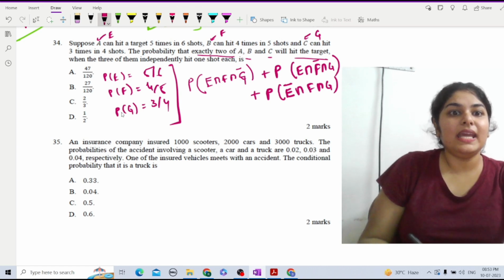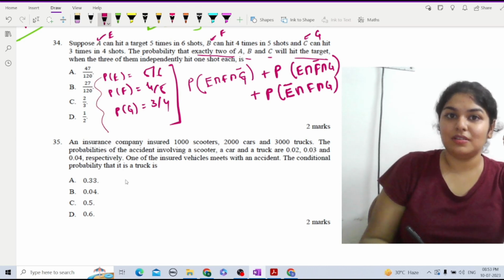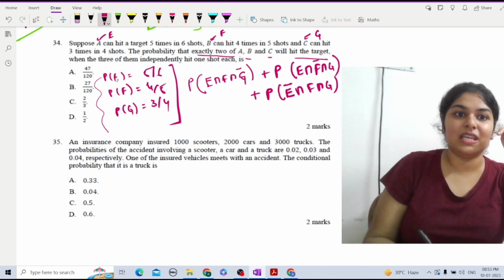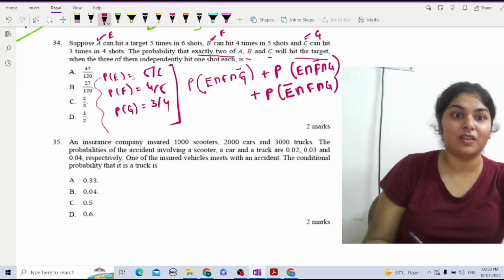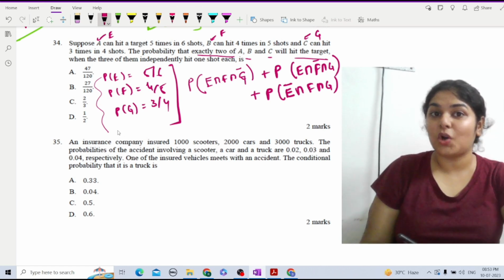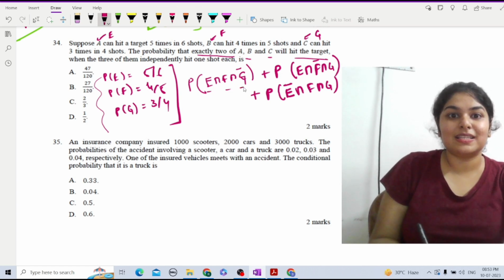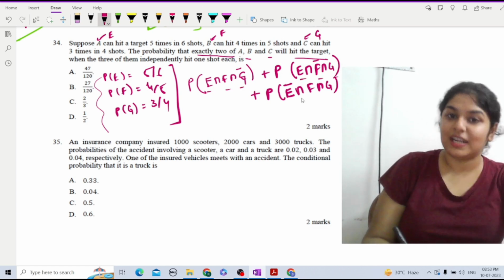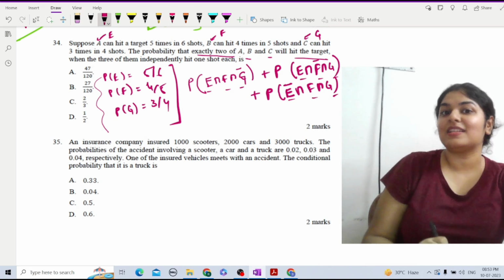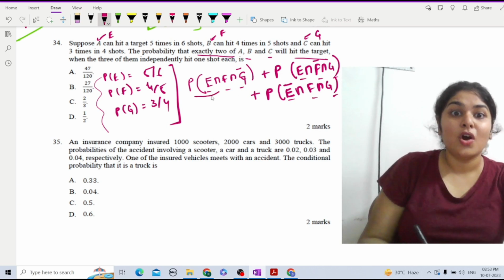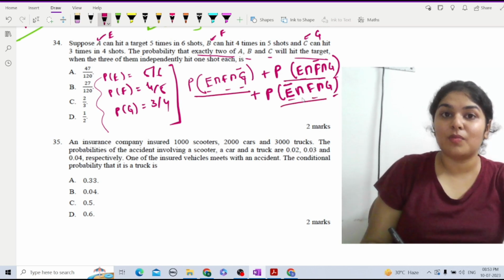Now E, F, G are independent events. So since E, F, G are independent events, therefore any combination with their complements will also be independent. That means this and this are independent events, and this and this are also independent events. So all these can be written in the form of the product of individual probabilities.